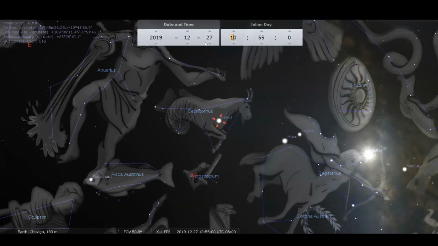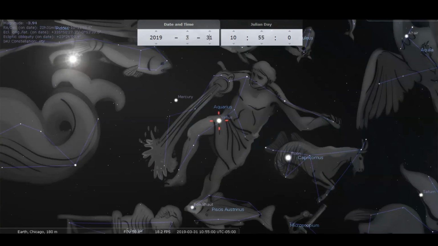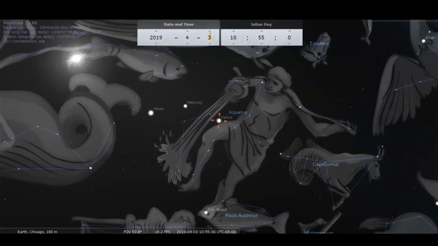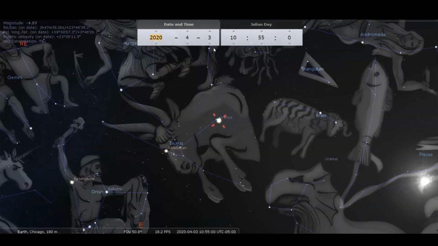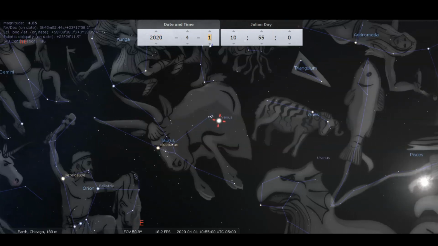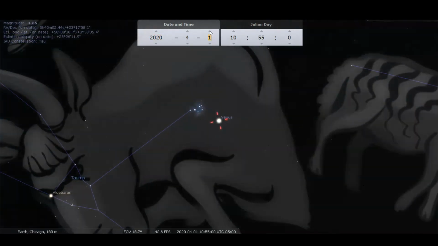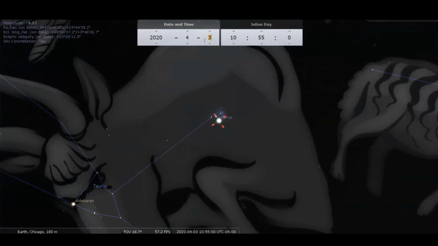And as I've showed you guys before, if we take a look at Venus on 3/31/2020, it's slowly making its way to enter the Pleiades on April 3rd, 2020.